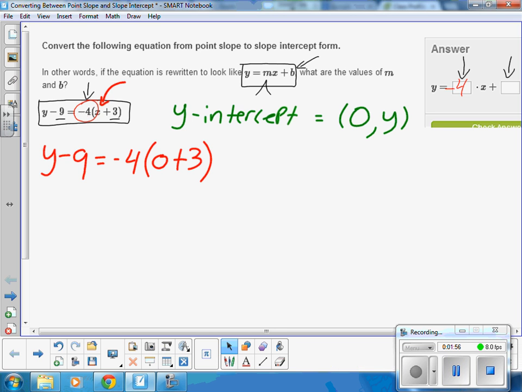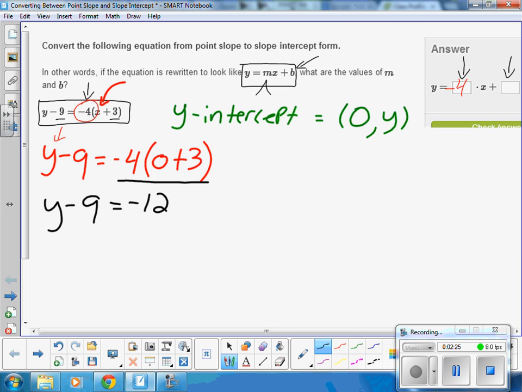From there, excuse me, from there I need to solve for y. I have my y value variable right there. I need to solve for it. So over here, I'm going to add the 0 and the 3 and take it times a -4. So I get y minus 9 is equal to 0 plus 3 is 3. 3 times a -4 is a -12.